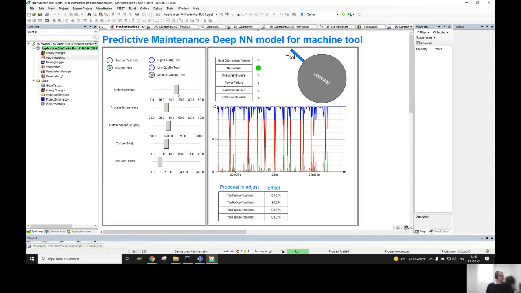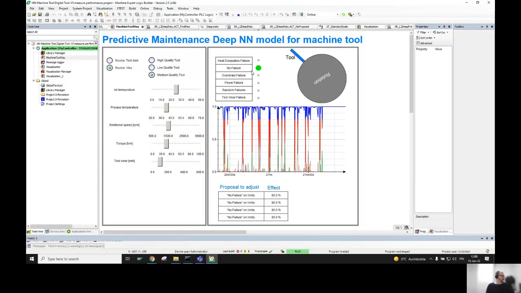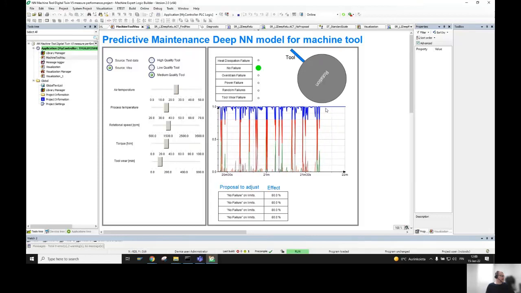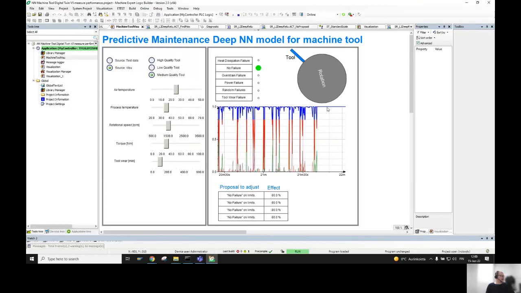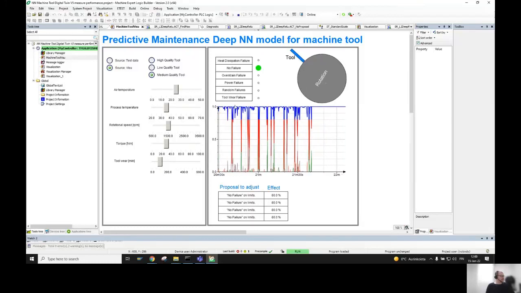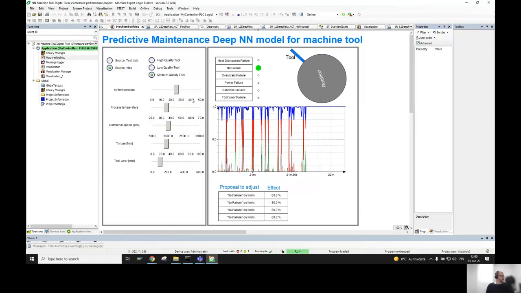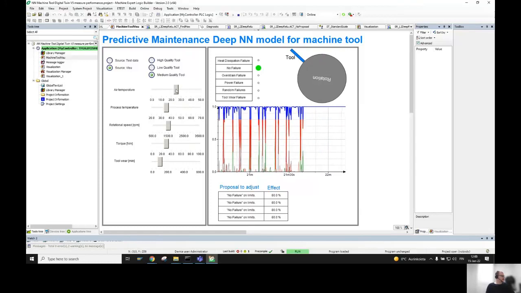So let's start to adjust. Well, now we see that we have no failure, and the probability of no failure is basically 100%, or 1.